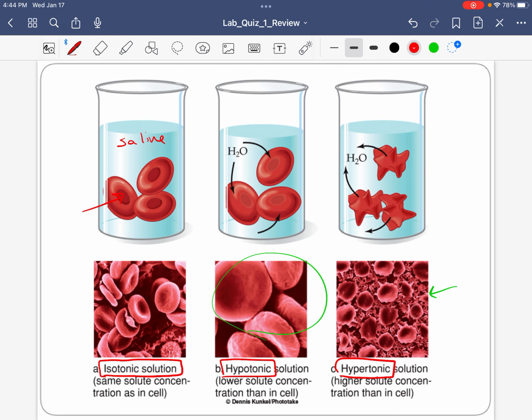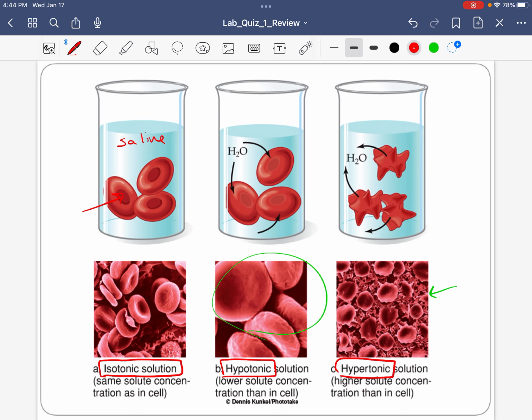I could ask you a simple question. What kind of solution is it if a red blood cell maintains the same shape? Isotonic. I could ask you, what kind of solution is it if a cell gets smaller? Hypertonic. It can be a little counterintuitive because doesn't the prefix hyper mean more? That's true.